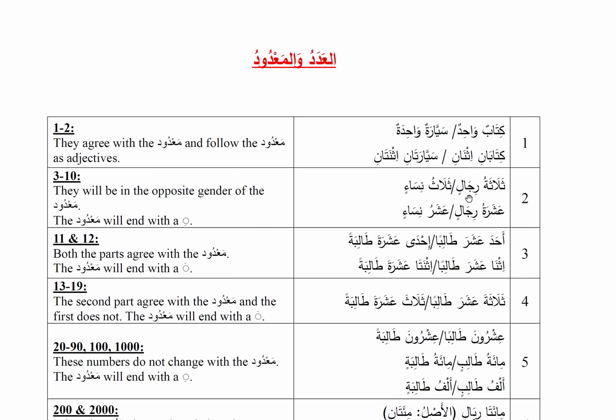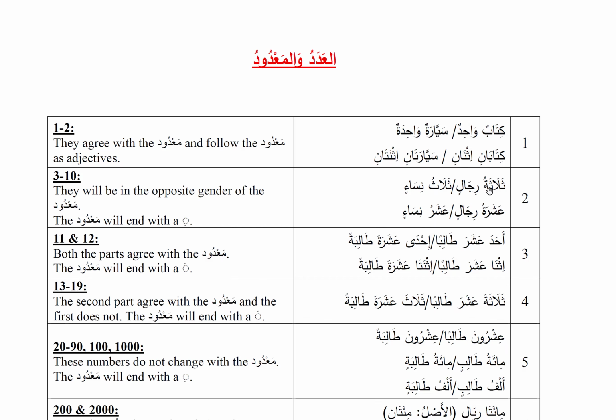Likewise, thalathatu rijalin, arba'atu rijalin, khamsatu rijalin, sittatu rijalin, till asharatu rijalin. Likewise, thalathu nisa'in, arba'u nisa'in, khamsu nisa'in, till asharu nisa'in, wahakada, likewise. So they are the opposite gender to the ma'dud. Now the rule over here is that the ma'dud will end with a kasra.